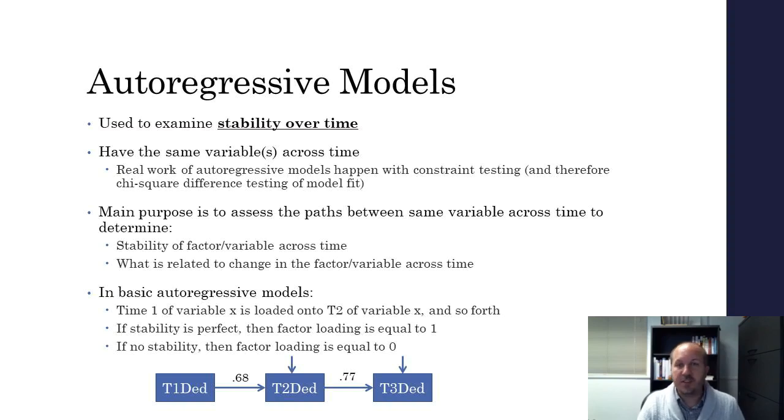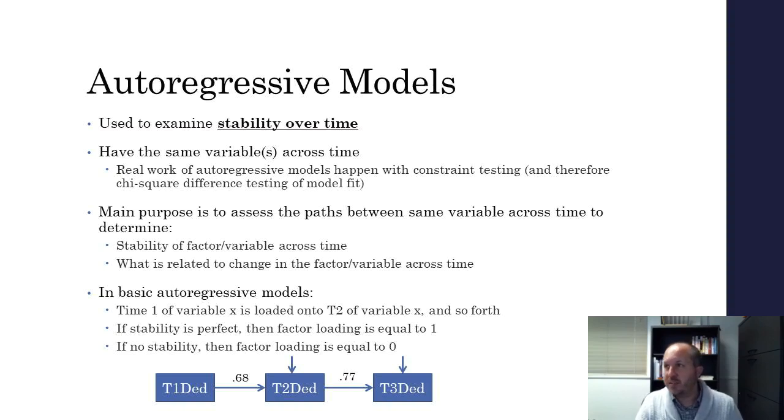And also when we're looking at more than one time point, like in the example here where we have time 1 dedication, time 2 dedication, time 3 dedication, 0.68 and 0.77, if those two are significantly different from each other, then we're seeing significantly different stability across time.